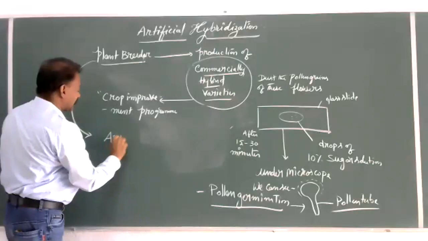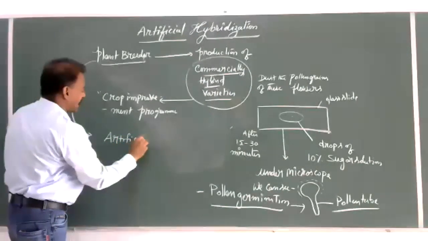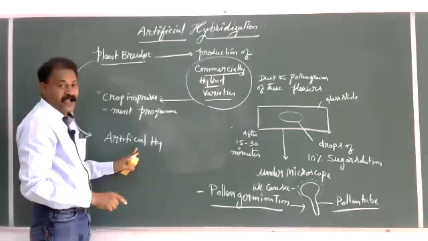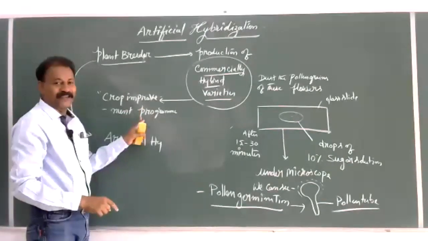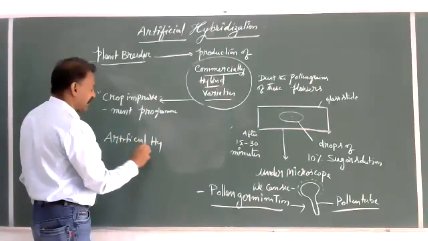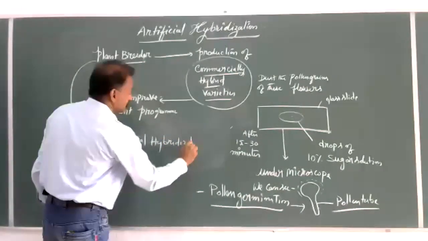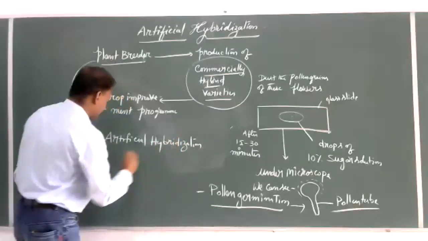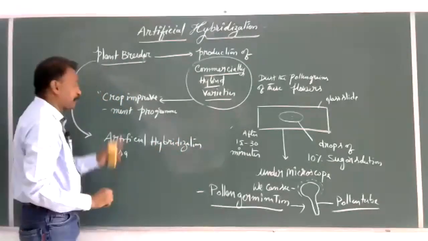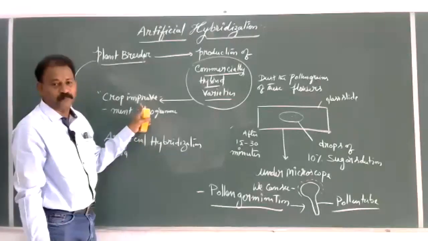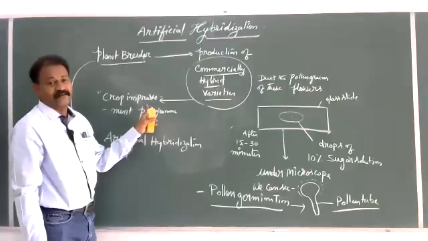So artificial hybridization is a method of crop improvement, an approach for crop improvement, a process of crop improvement.